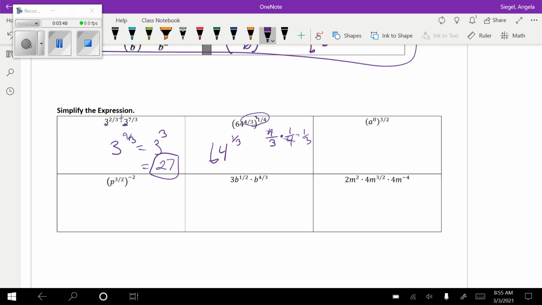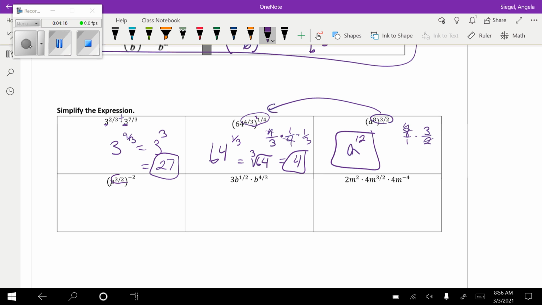Think about what we've talked about before, it can be rewritten like that, which is the same thing as 4. Okay, same thing with this, same rule. Notice the similarities there. I'm going to take 8 times 3/2, so this becomes a to the 12th power.